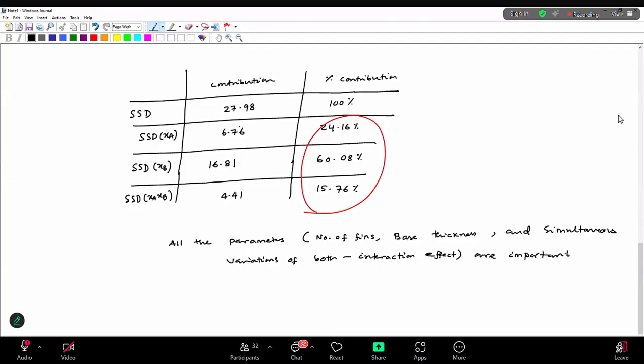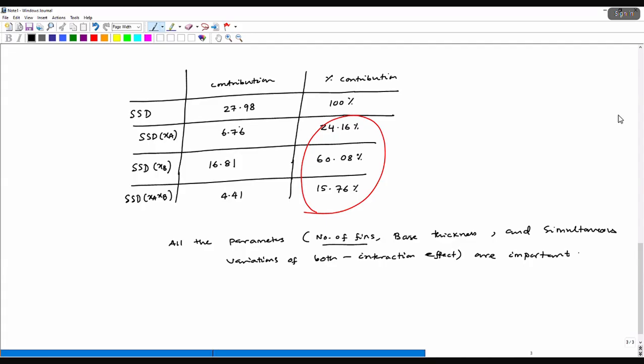So you need to do a full factorial design here. That means all the different parameters, the number of fins starting from 5, 10, 15, 20, everything you have to vary in the experiment. Base thickness, 2 millimeter, 3 millimeter, 4 millimeter, everything you have to vary gradually to actually get a clear picture.